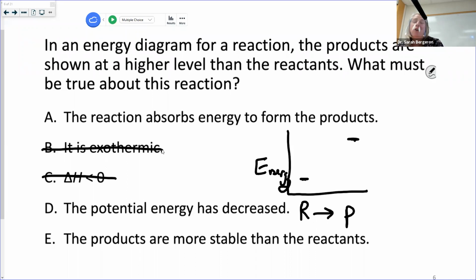Heat. Am I talking about heat? No. Okay, so A talks about energy, D talks about energy, and E talks about stability. Well, I haven't discussed stability yet, so I'm not even going to talk about that, right? So does the reaction absorb energy to form products, or is our potential energy decreasing?